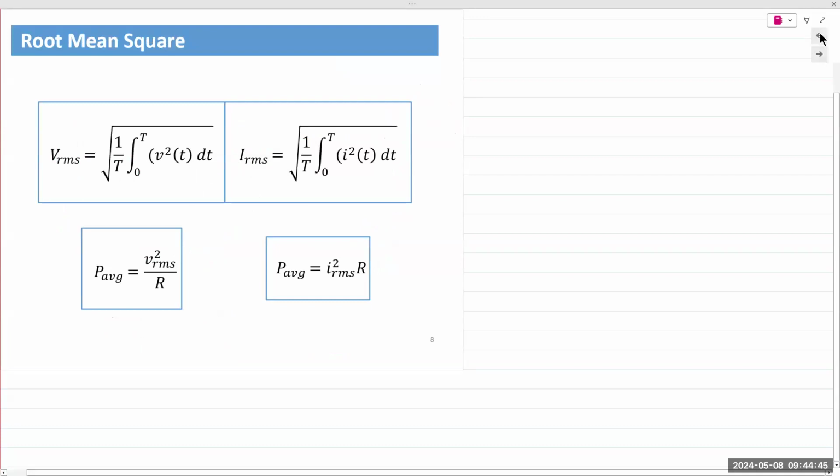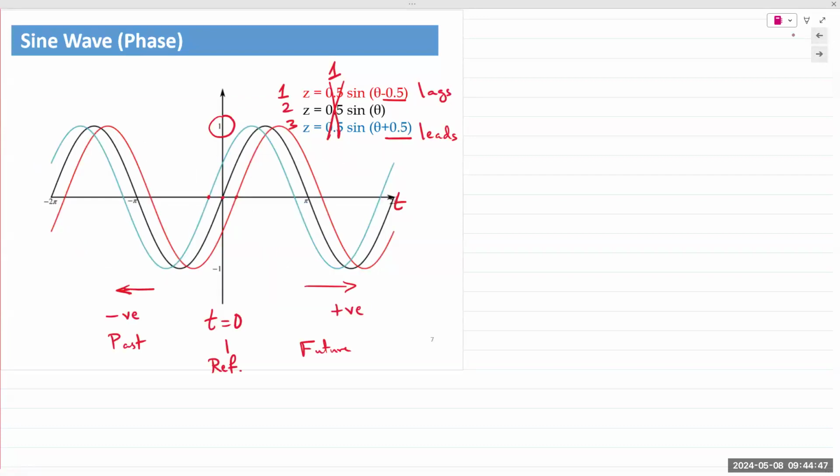So what is the average of this waveform? You have half of the cycle in positive, half of the cycle is negative. What is the average value of this waveform? Elementary school math. I heard some murmurings, but it's 0, right?